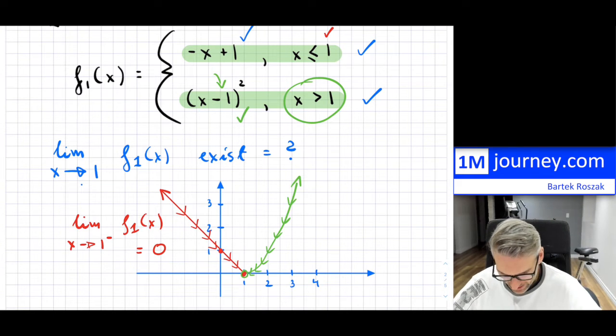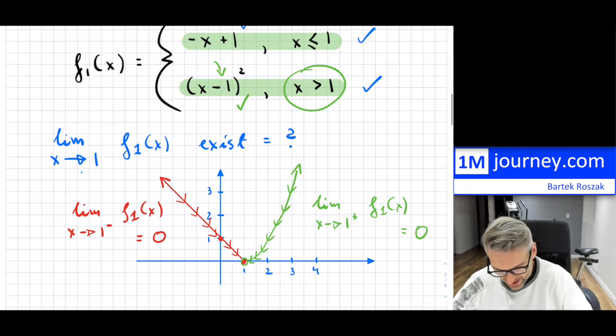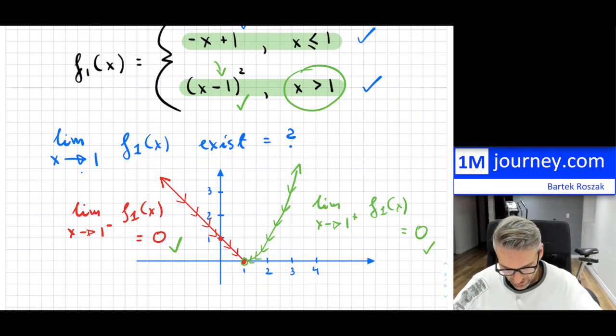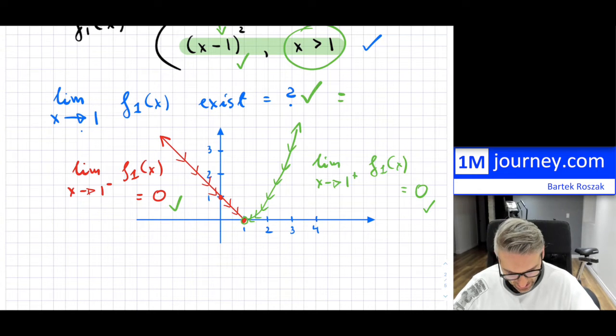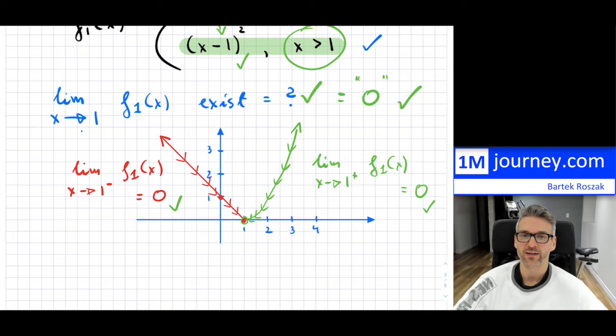And we can see here that the limit as x approaches 1 from the right-hand side of this function also exists, and it is 0. Now, because these two are equivalent, we would say that the overall limit does exist and it is equal to 0. That's what we would have. So those would have been the three conditions.